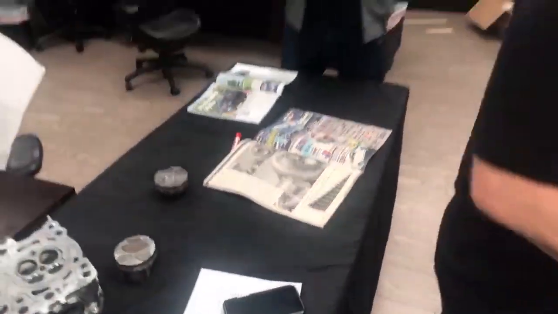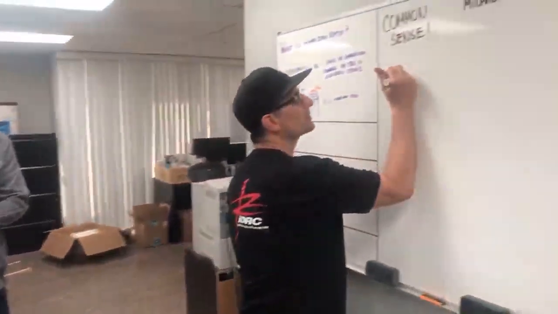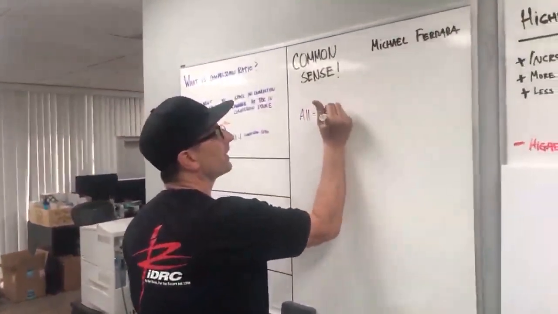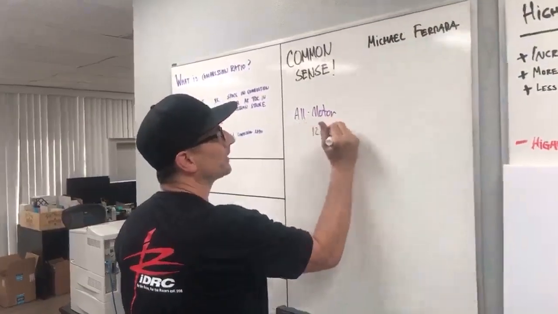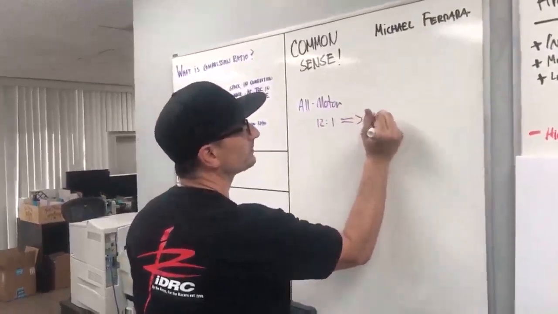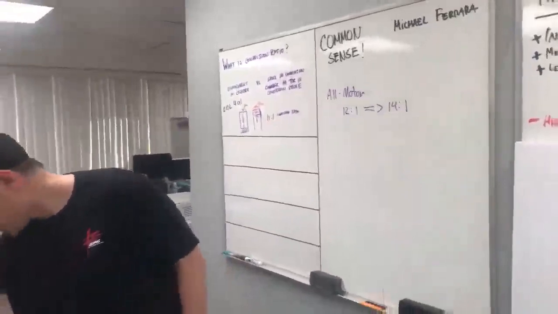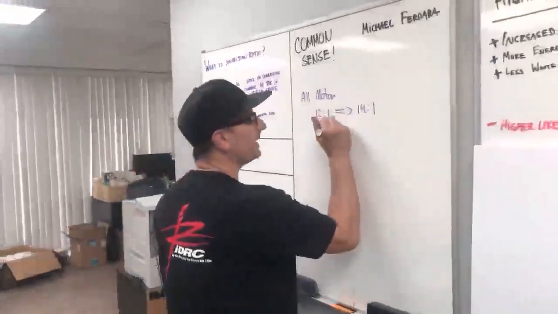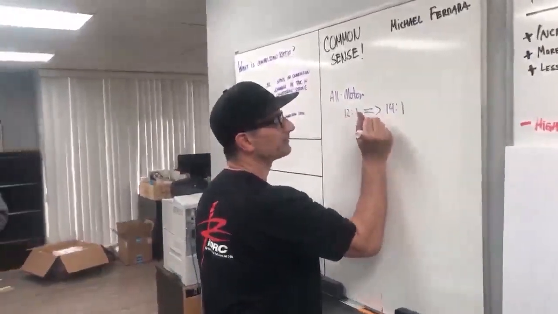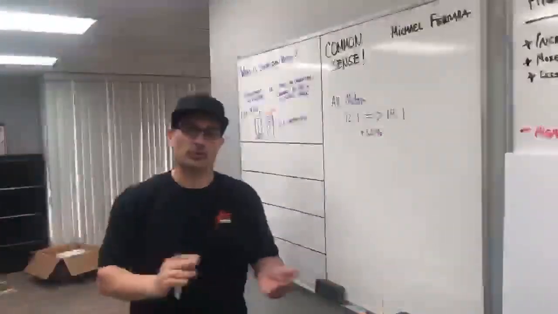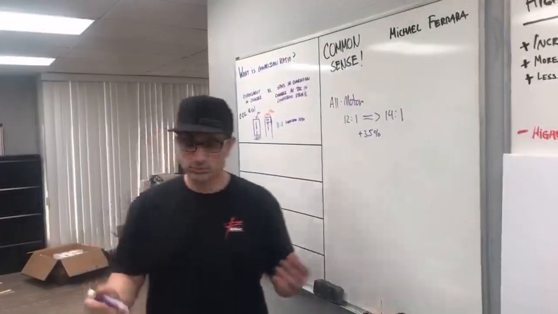So we've got an all-motor setup, and we're at 12 to 1, and now we're going to 14 to 1. And what did I say that gain was? 3.5%. So we gained 3.5% because of the thermal efficiency increase. So it sounds great.